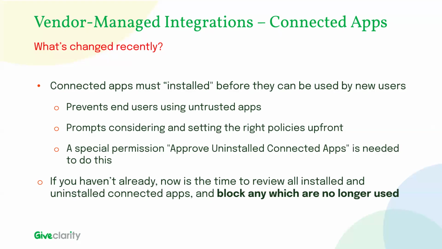So it's really important to have good hygiene around blocking, or at least uninstalling, connected apps that you no longer use, to make sure that if there is a threat that affects one of those apps, they're not able to connect.